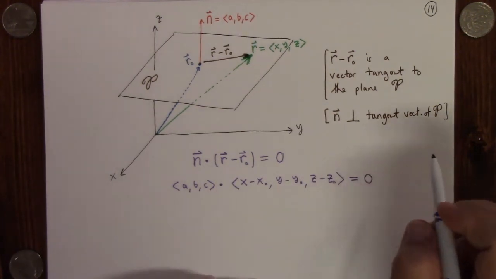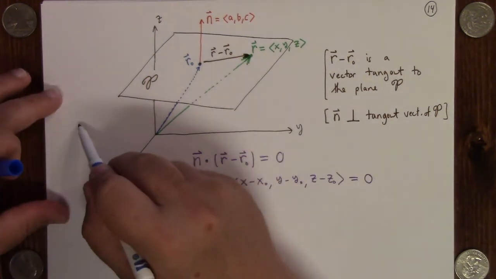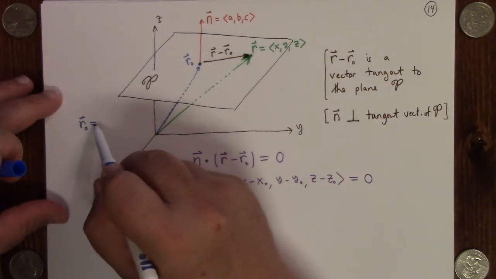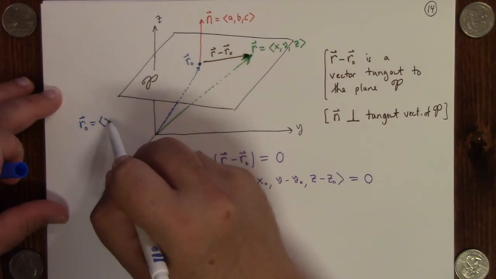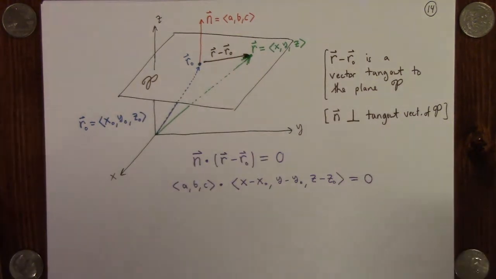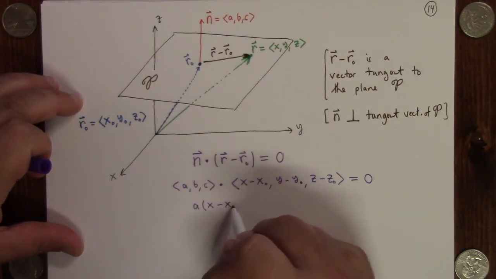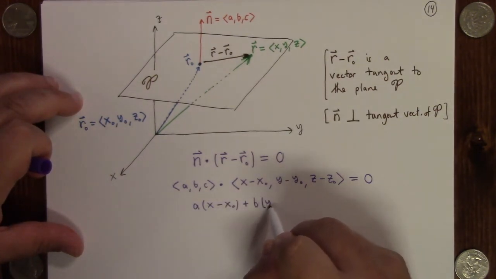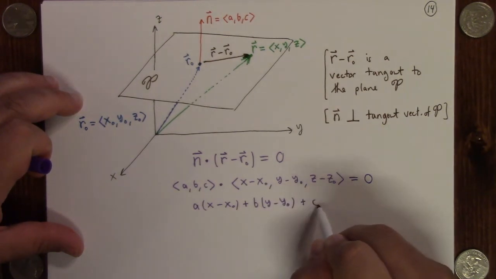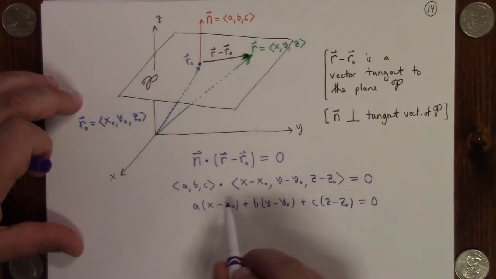Now here I slipped something into the discussion, which is that the components of R naught are X naught, Y naught, and Z naught. So multiply that out, and what do you get? You get A times X minus X naught plus B times Y minus Y naught plus C times Z minus Z naught equal to 0.